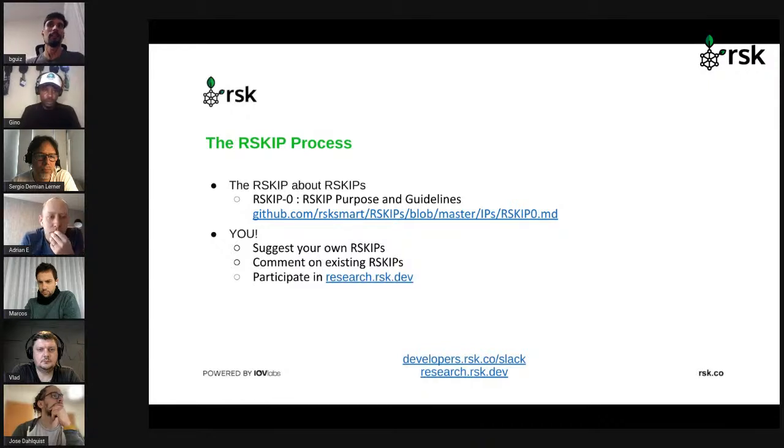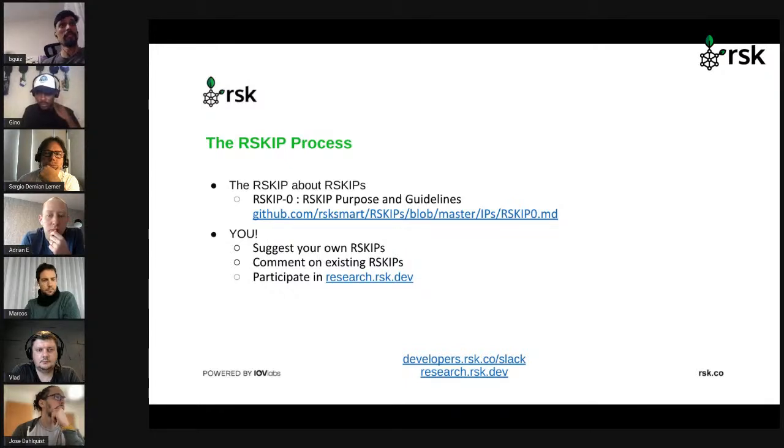That RSK IP describes what the RSK IP process is, and one of the key points is that basically anyone can do it, as Adrian just mentioned earlier on. So you can actually write your own RSK IPs and go through this process, and if that happens, then you'll potentially be presenting in one of these calls.